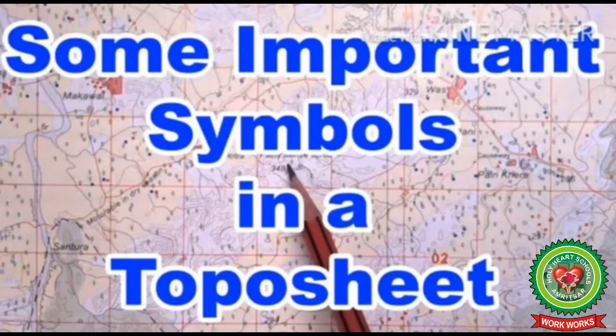Students, today we will discuss conventional sign and symbols. Conventional symbols are universally accepted. The symbols that we use on map to represent various features of the Earth's surface. These symbols provide plenty of information in a limited space.